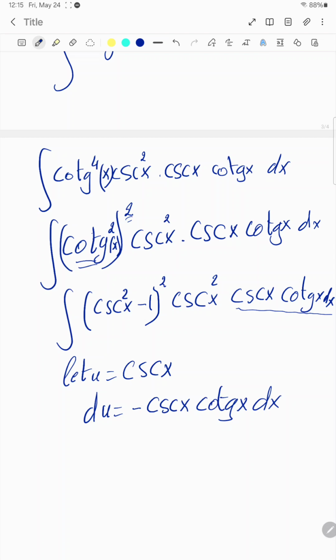So now I can write my integral. The minus, I will put it outside my integral. Minus, and we said u is equal to cosec. It becomes u square minus 1 square. And the cosec square is u square, and cosec cotangent x dx becomes du. And that's easy to resolve now.